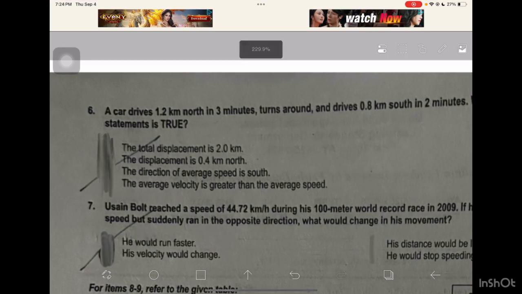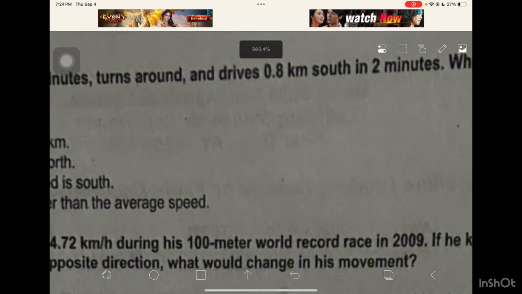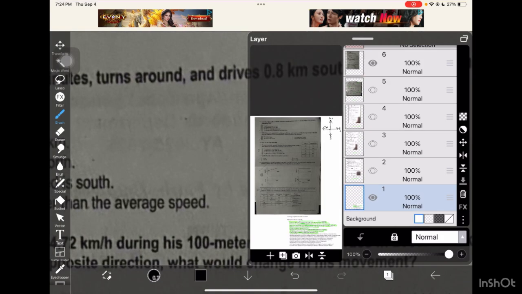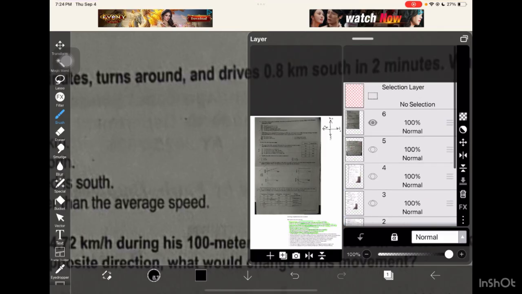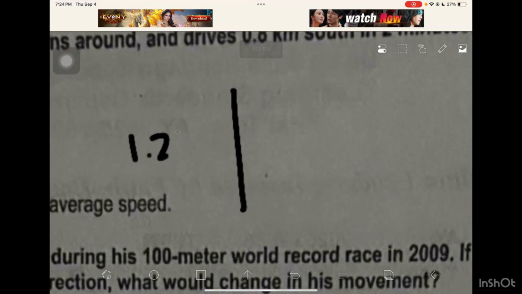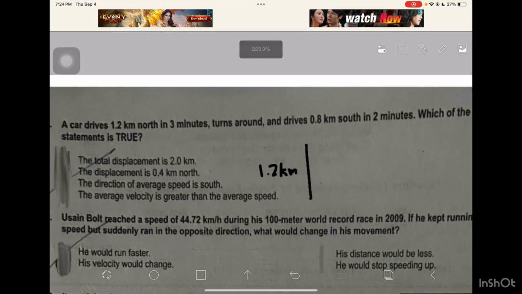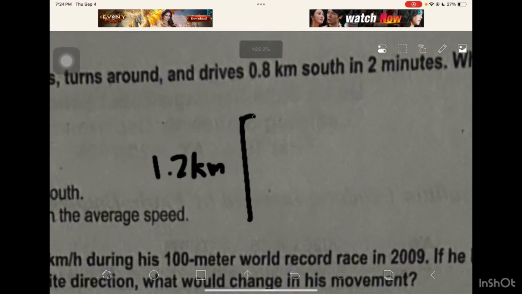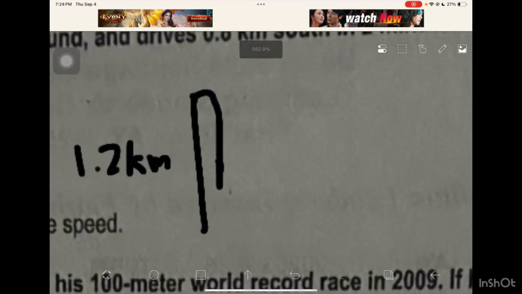Okay. A car drives 1.2 kilometers north, and then turns around and drives 0.8 kilometers south.